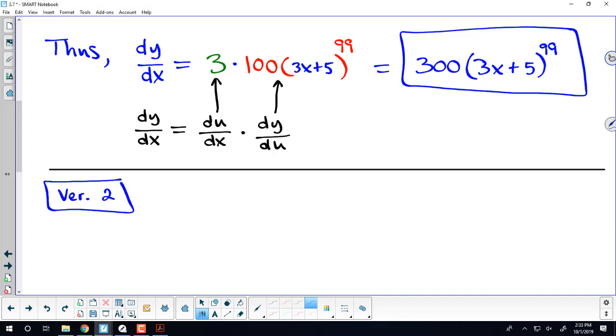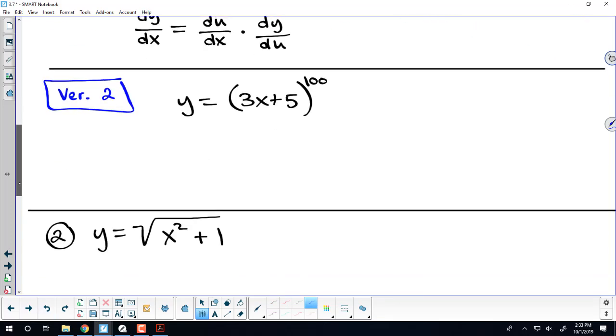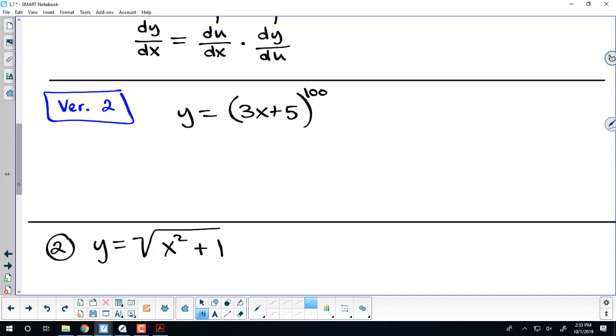So version 2 says that to take the derivative of a composition, let's write y prime. To take the derivative of the composition, we take the derivative of the outside function and leave the inside alone.